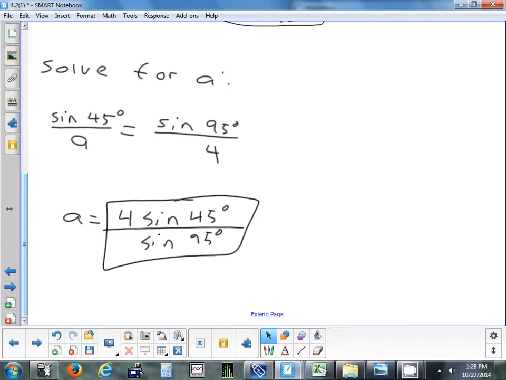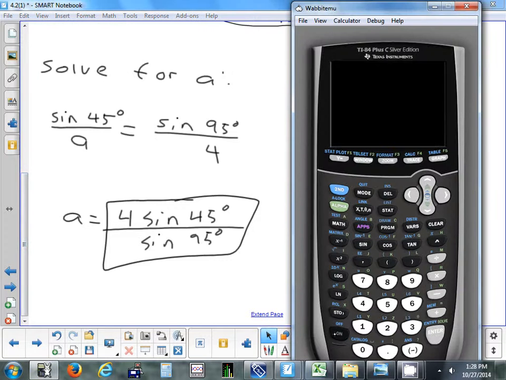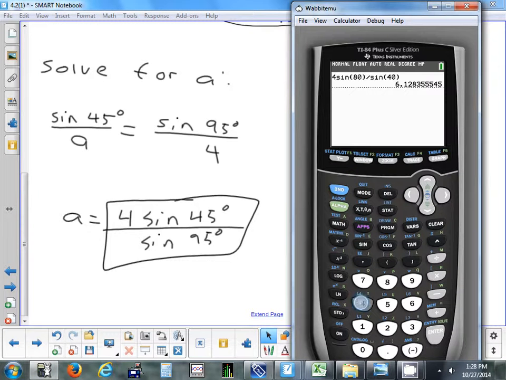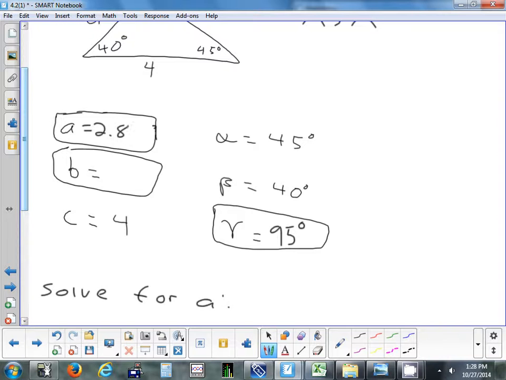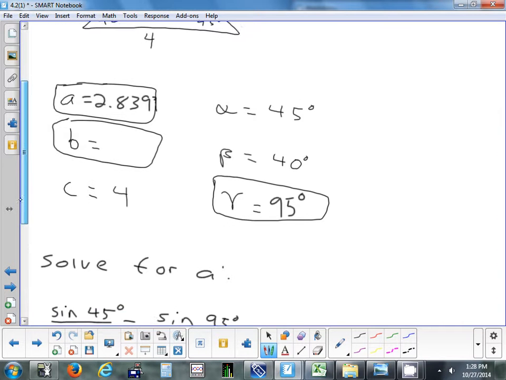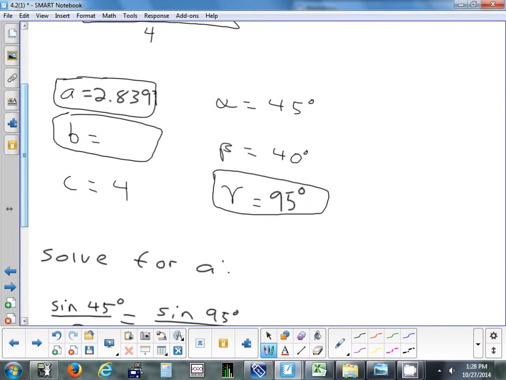So I'll plug it in, see what we got. So we got 4 sine 45 divided by sine 95. 2.839. Now, can I use the Pythagorean theorem to get B?